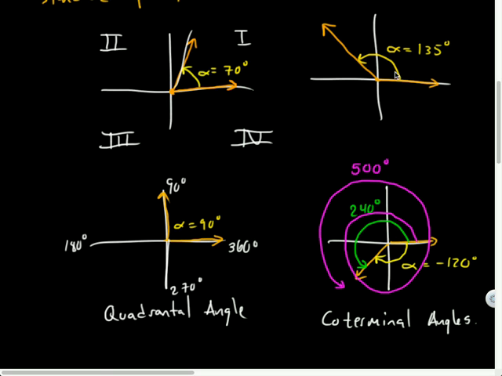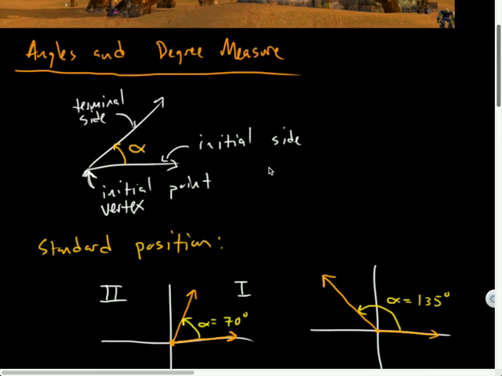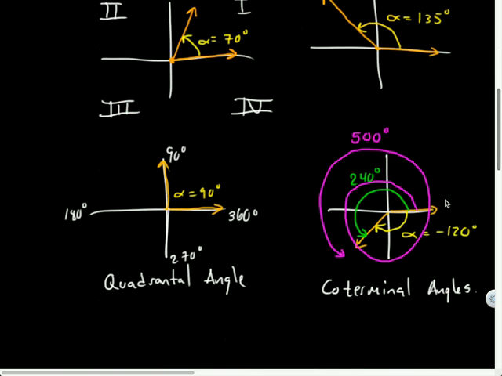So here's a terminal side, here's a terminal side, here's a terminal side. This is the terminal side that they're sharing. Where the angle stops, basically, is the terminal side. So those are called coterminal angles. Their terminal sides are companions, maybe.